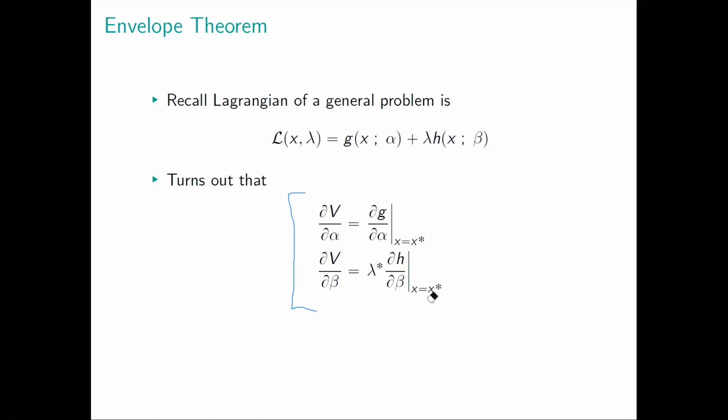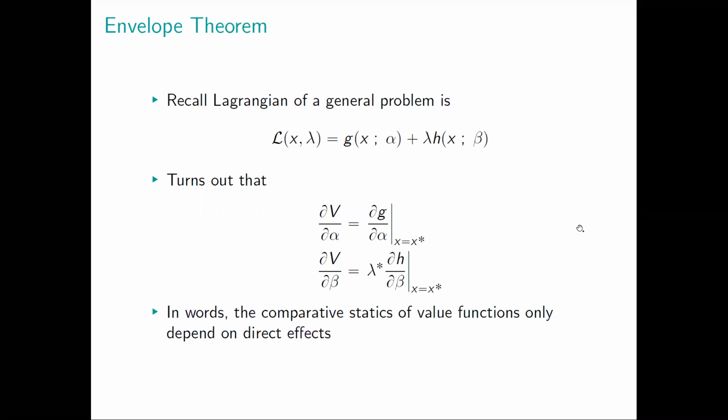So these are the two ways that these kinds of comparative statics will show up when things are differentiable. Great, so this is kind of abstract, so it's going to be a little bit easier to apply it to a specific problem. And in words, the comparative static of the value functions only depends on direct effects from the functions we're looking at and the parameters that they depend on.